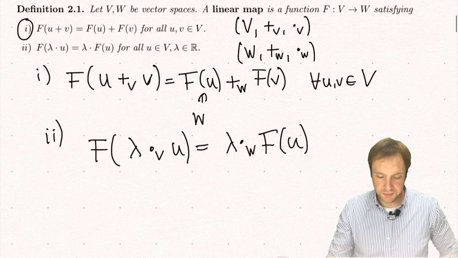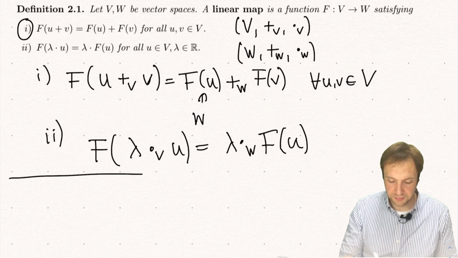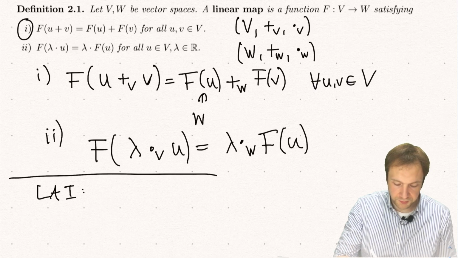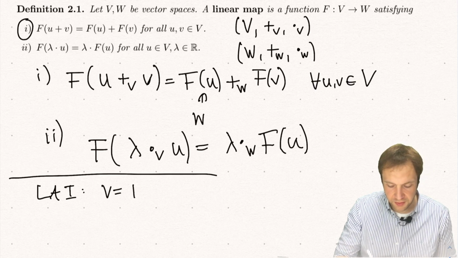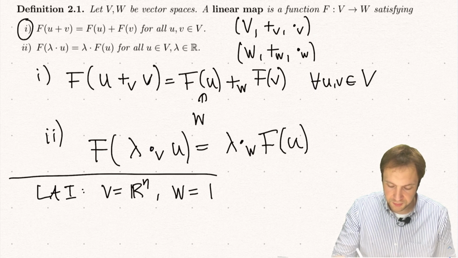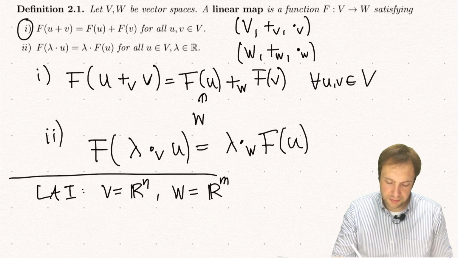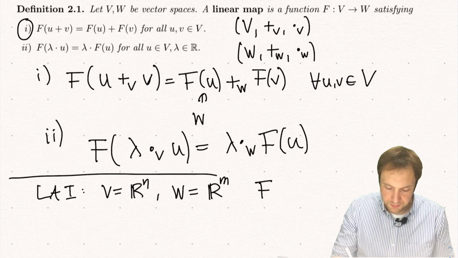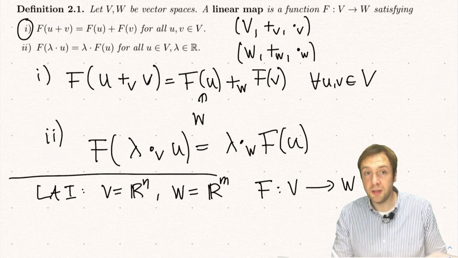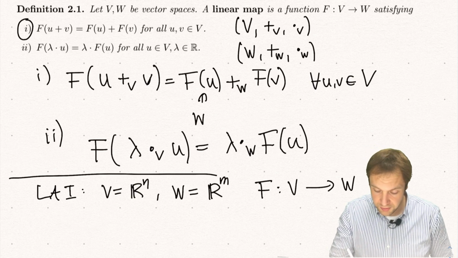Yes, so this we did for the case, in Linear Algebra 1, we discussed this when, for example, V was the Rn and W was the Rm. And then we saw that a linear map from V to W is always given by multiplication by a matrix.